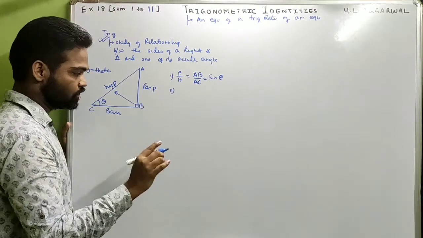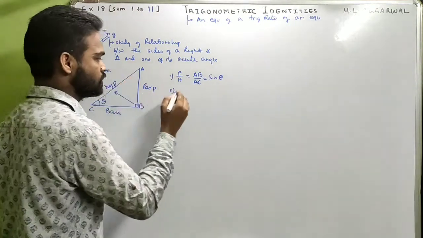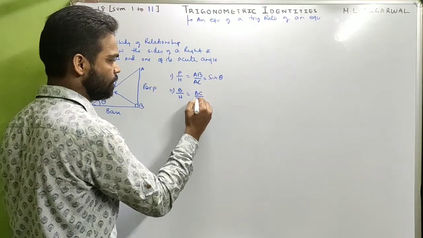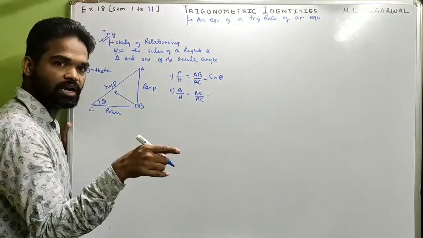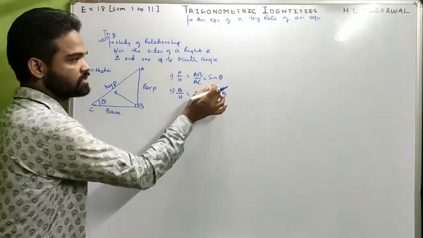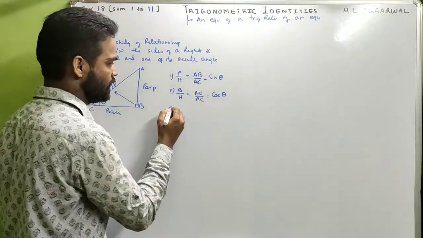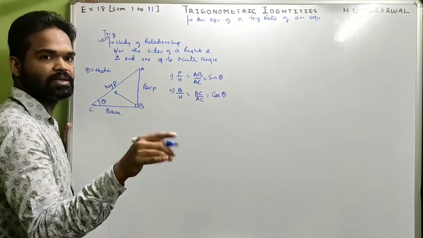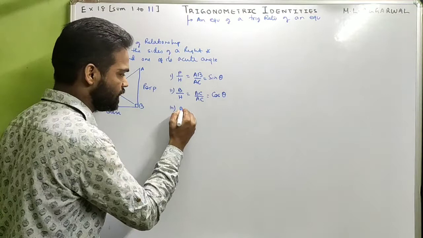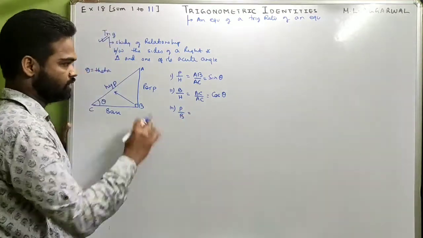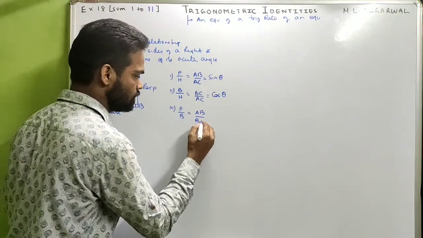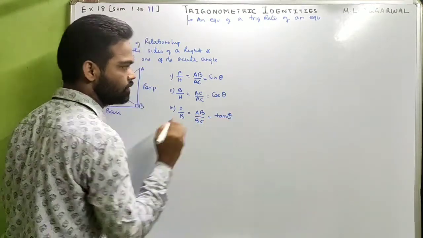Similarly, the ratio of base to hypotenuse, that is in this case BC by AC, is known as cosine of the angle, written as cos theta. This sin theta, cos theta are one single term. Remember that. It is not like cos multiplied by theta. Number 3. The ratio of perpendicular by base, in this case AB by BC, is known as tan theta.